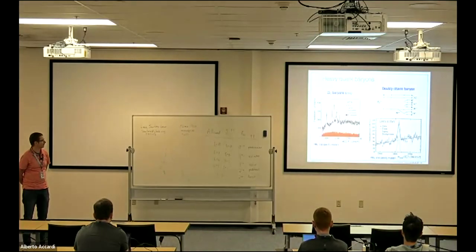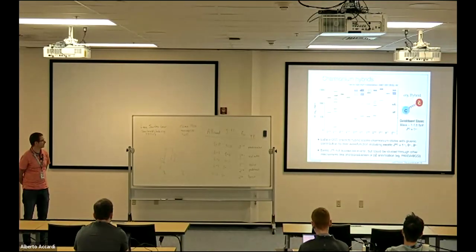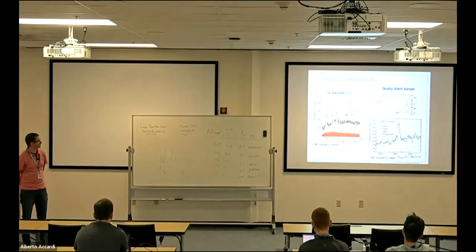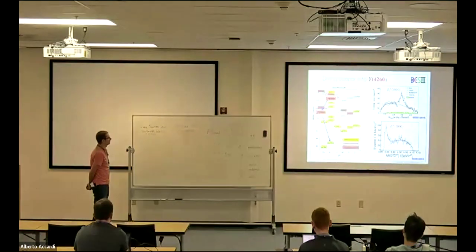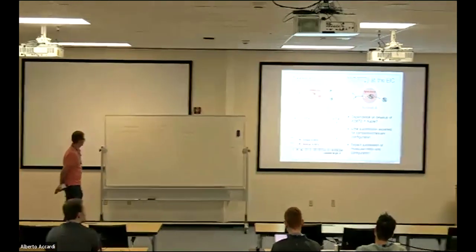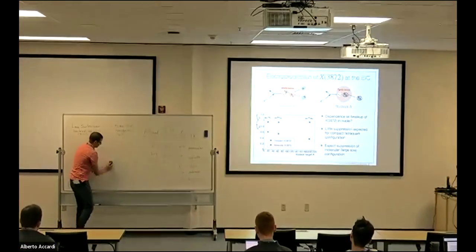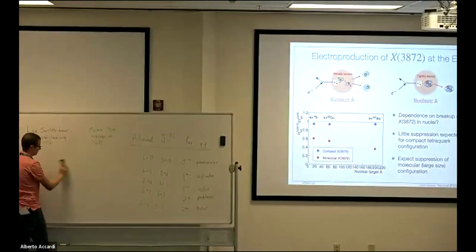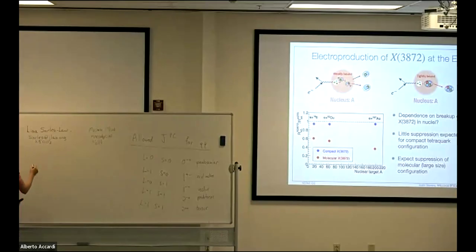I think I may have a backup slide. Let's see. Nope. Okay, then we're going to talk more about this tomorrow. But in this kind of picture, we're thinking of the traditional photoproduction mechanism, which goes through a T-channel diagram. There are a couple of ways to do it.